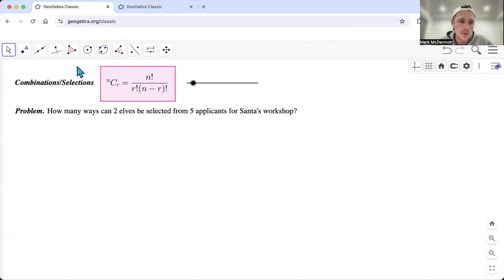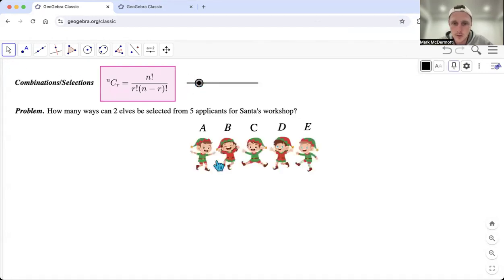First thing we're going to do is show the elves here. We've got very creative names, A, B, C, D, and E. Santa's only got 2 positions, so we've got our 2 positions here that the elves can be assigned to.